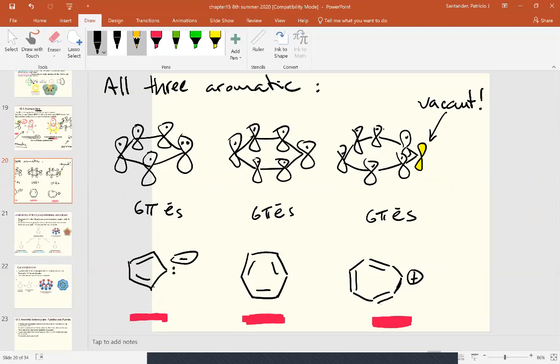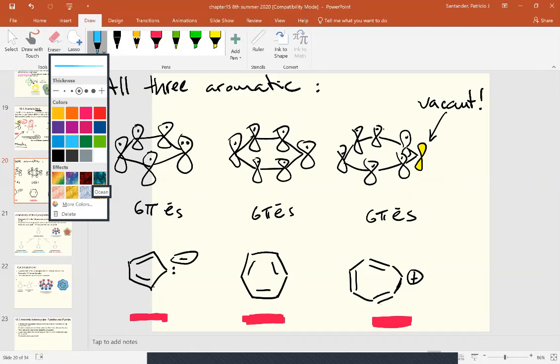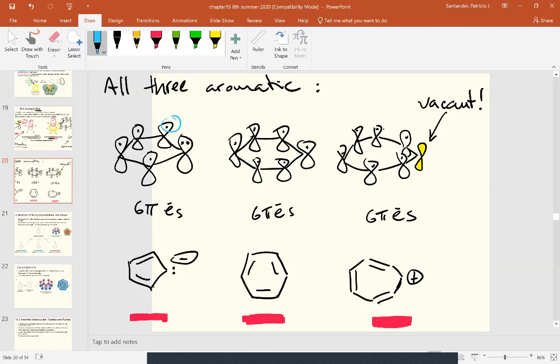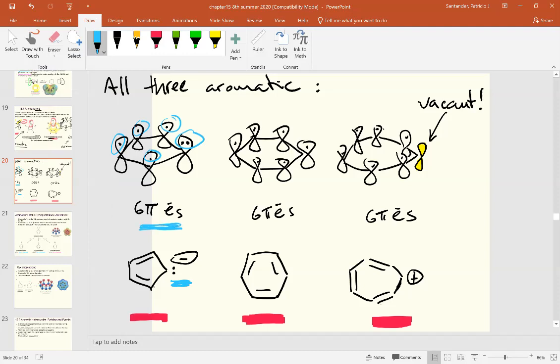In the structure on the left, each one of the carbon atoms is making a contribution of one electron, but there is one of the carbon atoms that has 2 electrons in the orbital. That's why it's negatively charged. The total number of pi electrons is 6, and that's why this is aromatic.